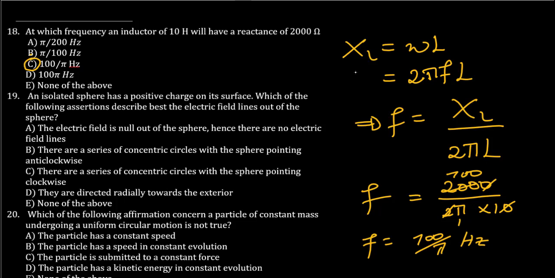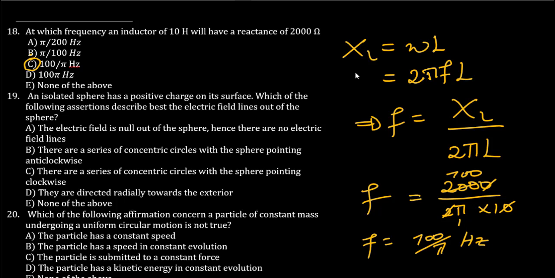Question number 19. An isolated sphere has a positive charge on its surface. Which of the following assertions describe best the electric field lines out of the sphere? Option A reads, an electric field is null out of the sphere, hence there are no electric field lines.